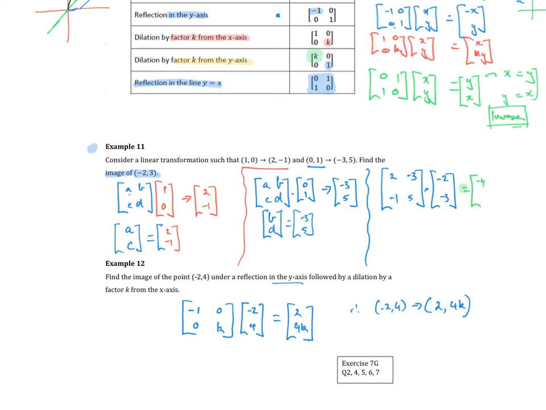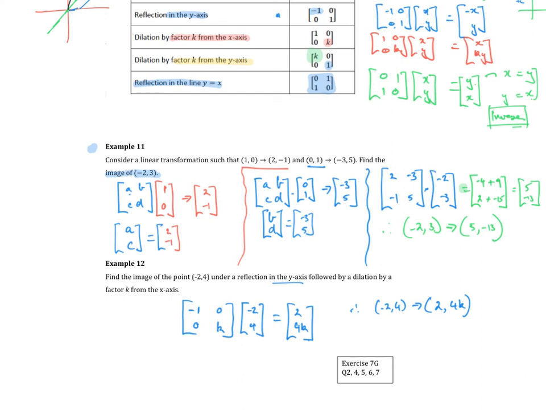Negative 3 by 3 is plus 9. And negative 1 times negative 2, which is 2, plus 5 times negative 3, which is negative 15. So it becomes the point, negative 4 plus 9, which is 5. 2 plus negative 15 is negative 13. Yeah? So therefore, the point negative 2, 3 becomes the point 5, negative 13. All right?